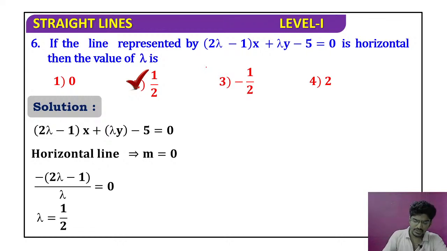The problem number 6, if you have any confusions, you can ask. Quickly tell me. All of you, have you understood this? If you tell you have understood this, we can go for the next problem. Otherwise, we can repeat it, no problem.